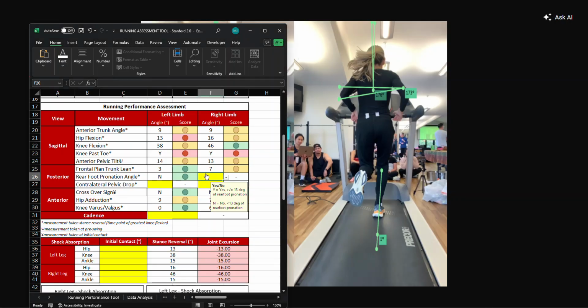All right, so for our trunk angle, we minus the 176 and the 177 respectively. So that should actually be 4 degrees.